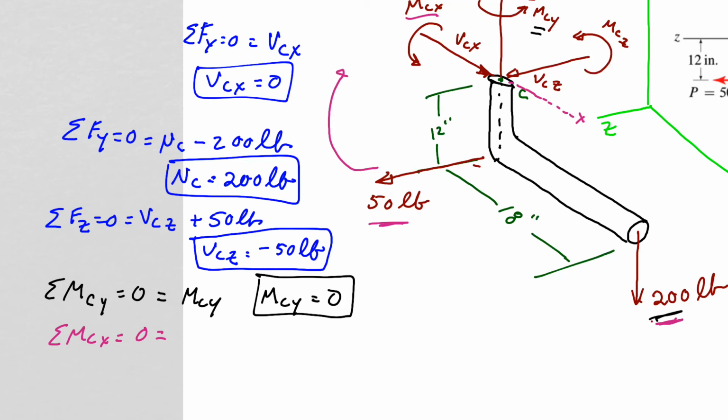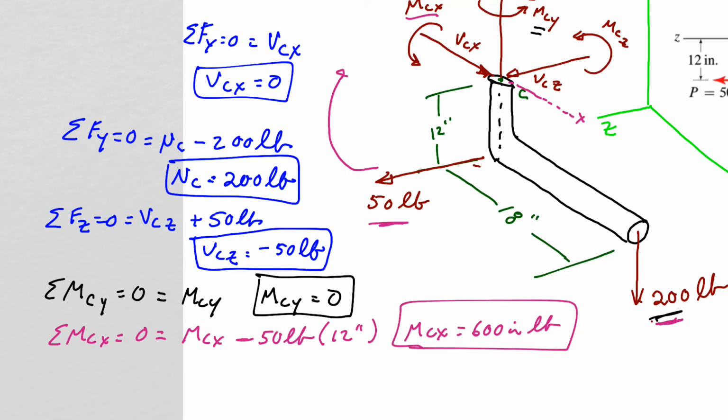I have a positive MCX, which is my internal bending moment, and then I have a negative 50 pounds times 12 inches. That gives me MCX is equal to 600 inch-pounds. And that's a bending moment. It's trying to bend that.